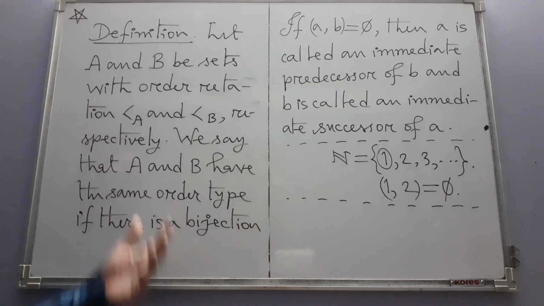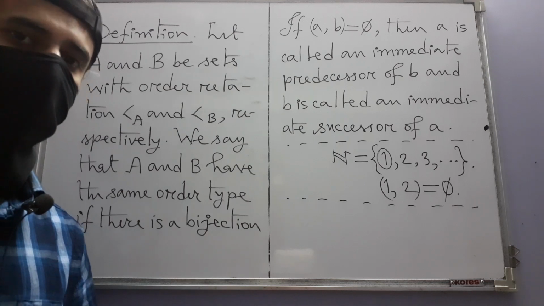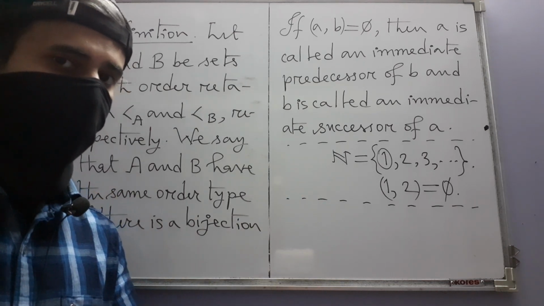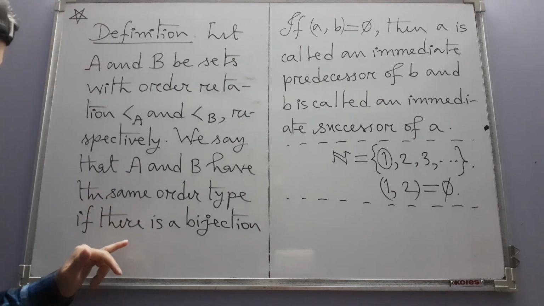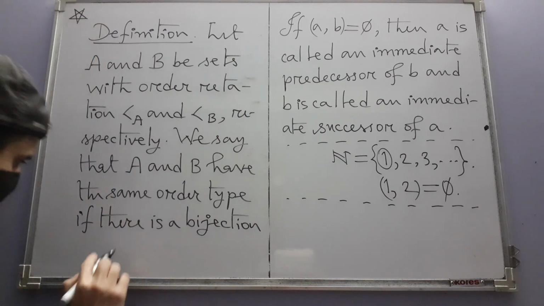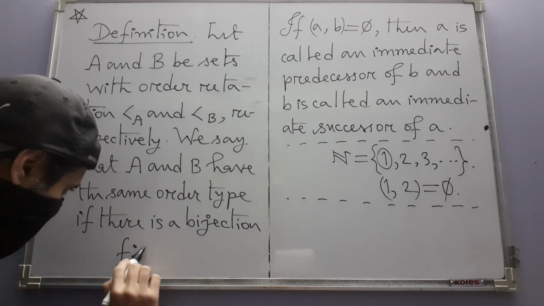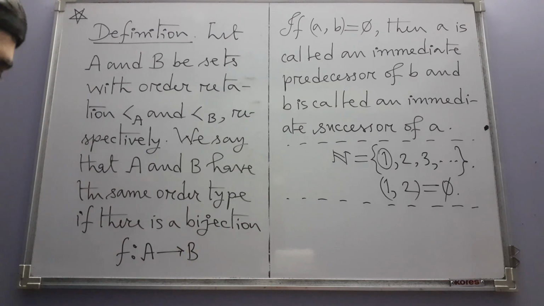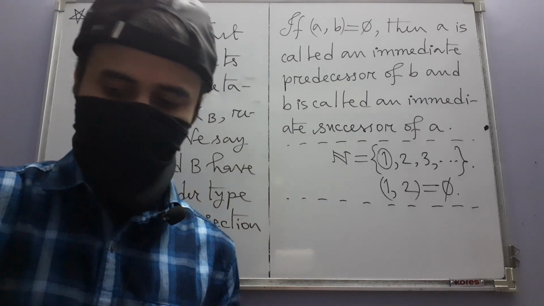It's like saying that two groups are isomorphic if there is a bijection which also preserves the binary operations. Here also there is a bijection f from A to B which preserves order, but preserves order means what?